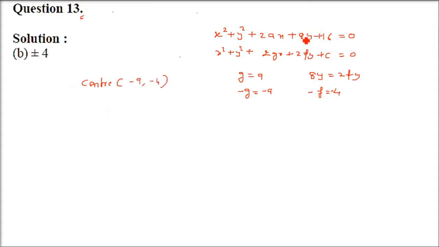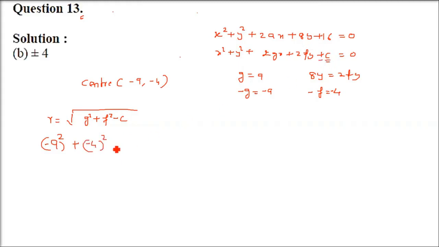This is the center. Now we know that the radius is under root g square plus f square minus c. So this g is a, so you can make it a square, and f is 4, whole square.